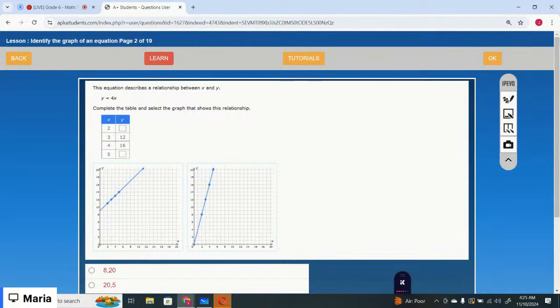This equation describes the relationship between x and y: y equals 4x. Which is the correct option?